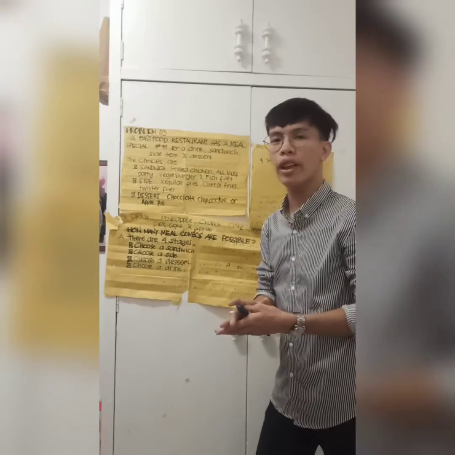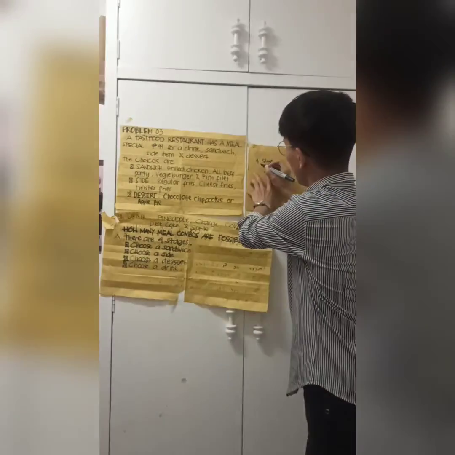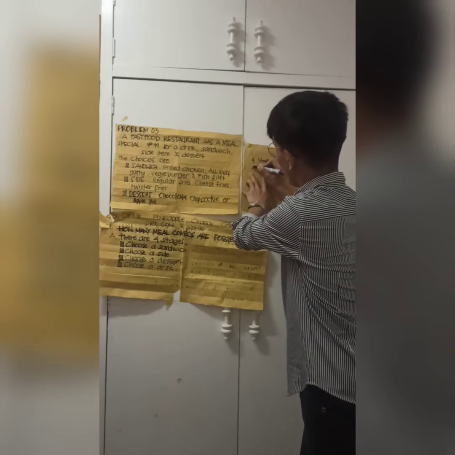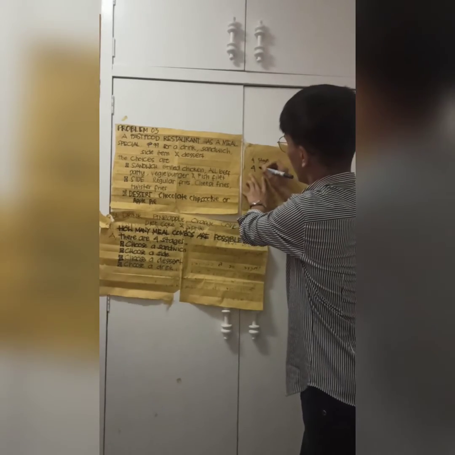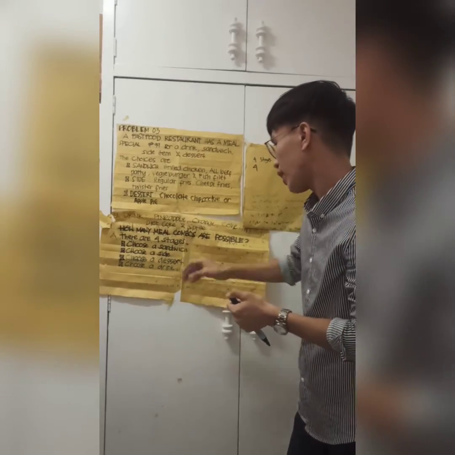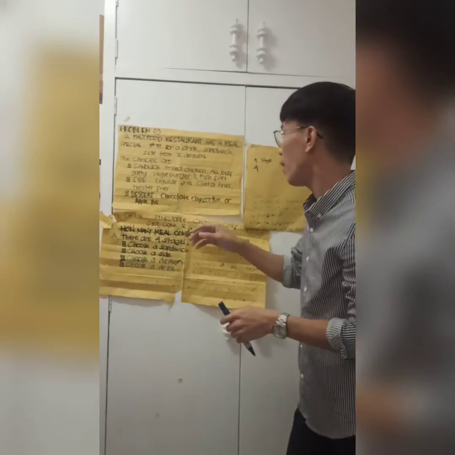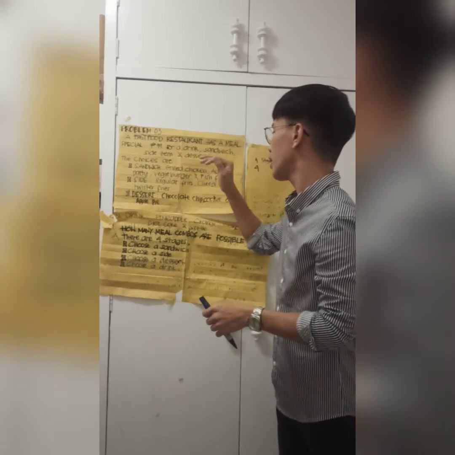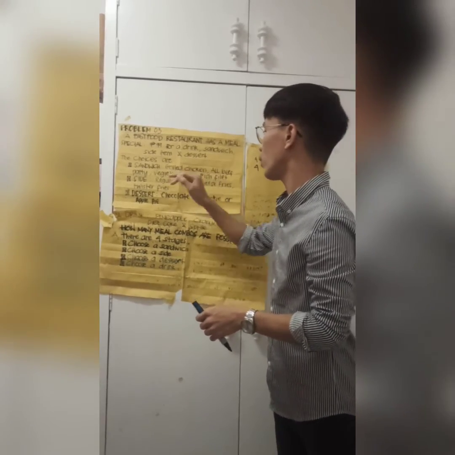So that will be 4. Now we will move to our side dish. We have regular fries, cheese fries, and twister fries.